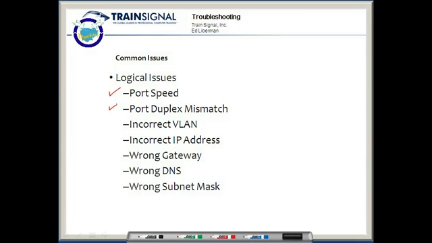Now, the one thing I'm going to tell you before we go any further, when it comes to speed and duplexing, for the most part, these days, you don't run into this too often anymore. The reason why is because everything's just set to auto. Almost all devices out there, regardless of what they're capable of, are backward compatible to the older technologies.